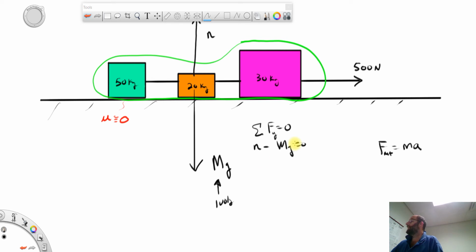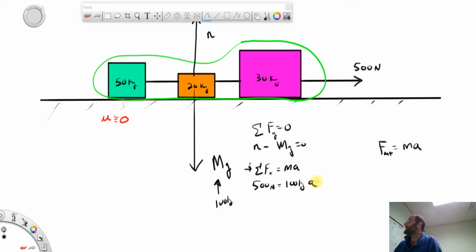The next equation we can write for the free body is the sum of all forces in the x direction equals ma, because this thing is going to accelerate to the right. And when we look at our free body, this is the only force in that direction. So 500 newtons equals m, which is 100 kilograms, times a, the acceleration of the system.